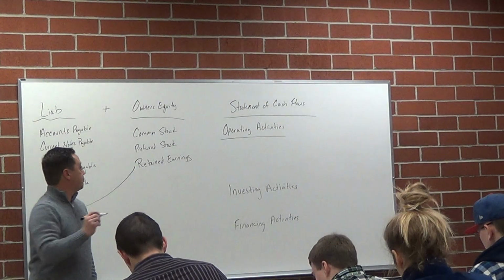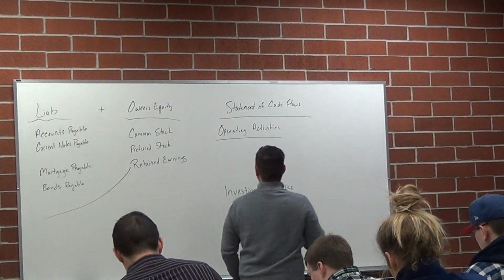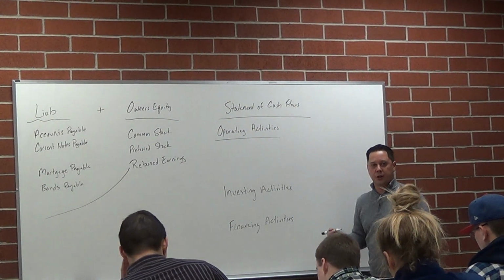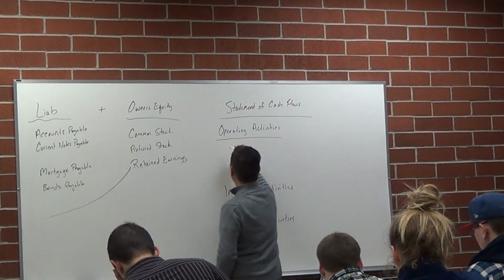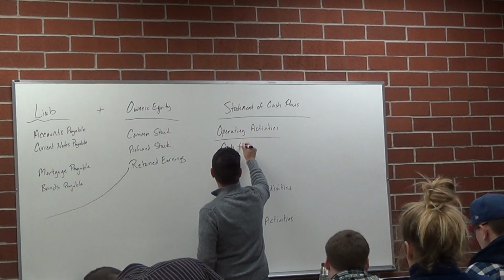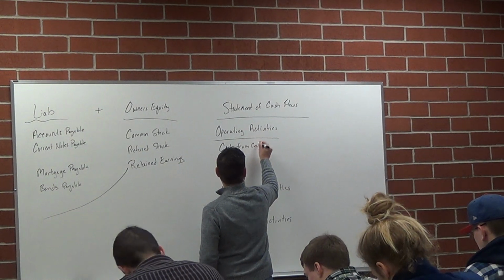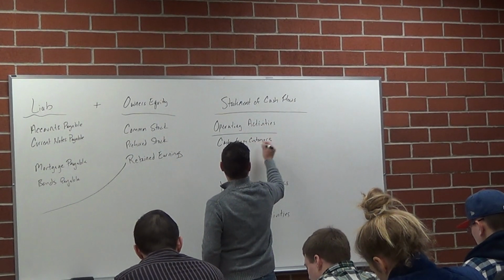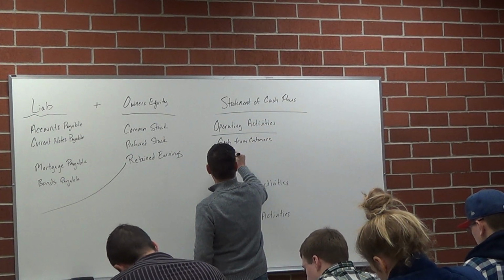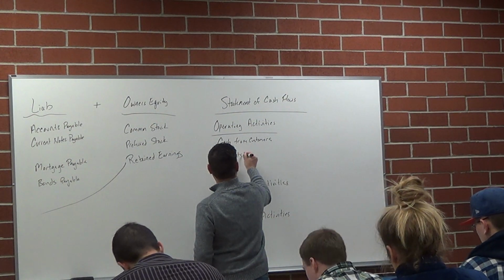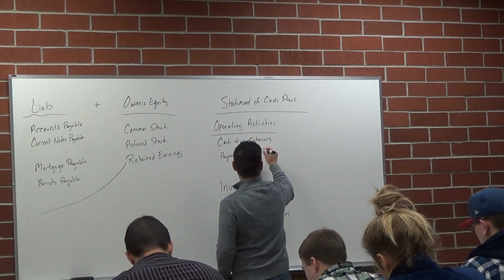All right. So the operating activities, that's the stuff that happens in your operation. That's your cash from customers and that's your payments to creditors or suppliers.